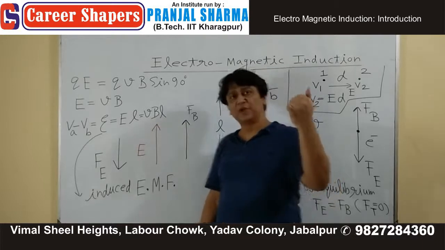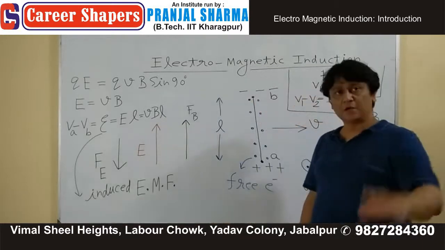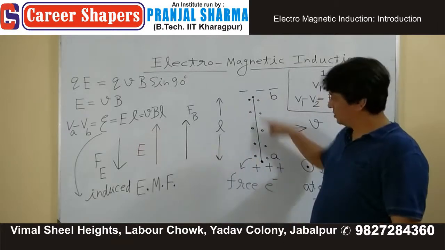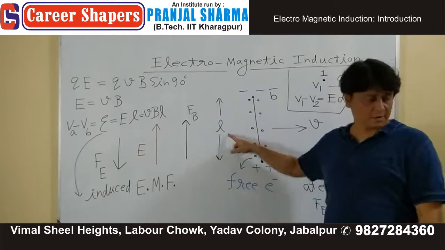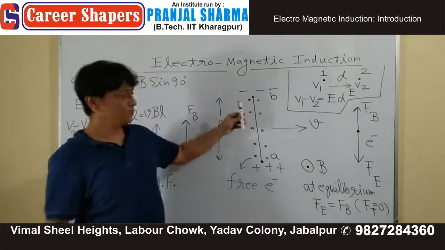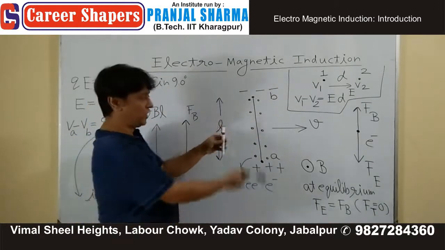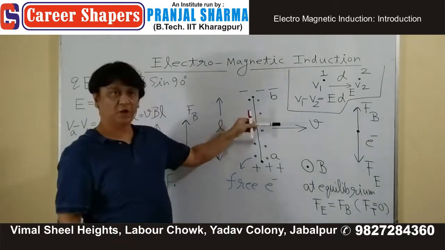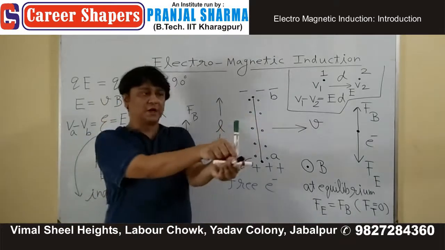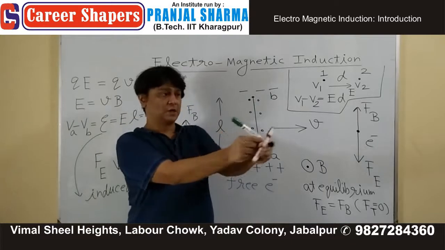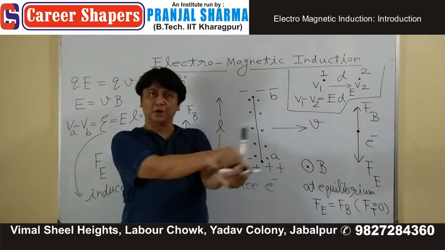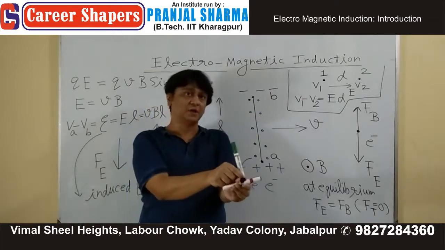Now it's a special result also, and you will remember that if you have a rod of length L, which is moving with velocity V in the presence of magnetic field B. If you look at these three markers, I hope you can see that all three are mutually perpendicular, which will be a special result for us.